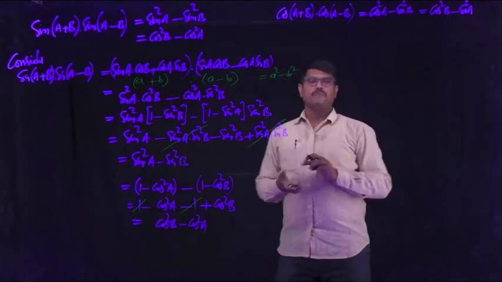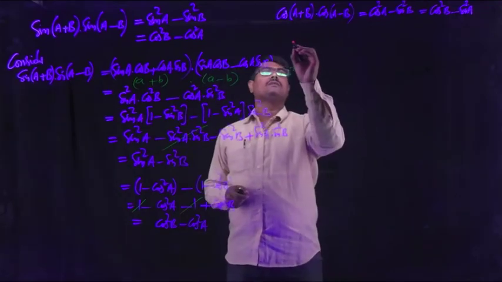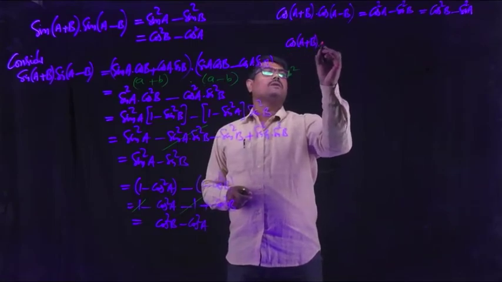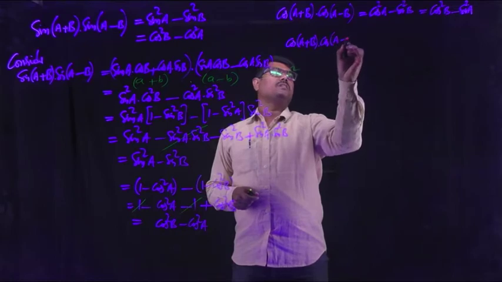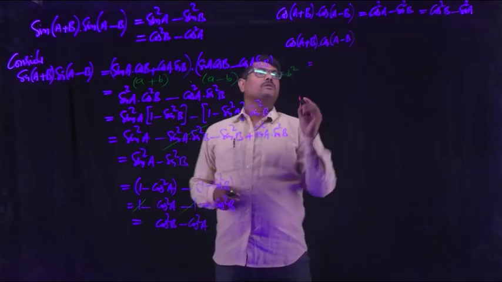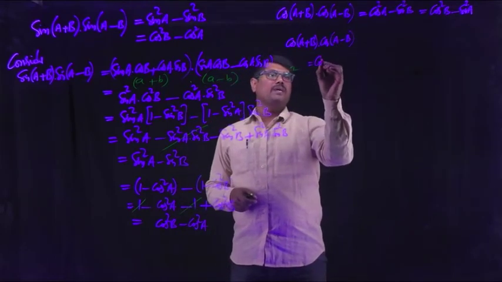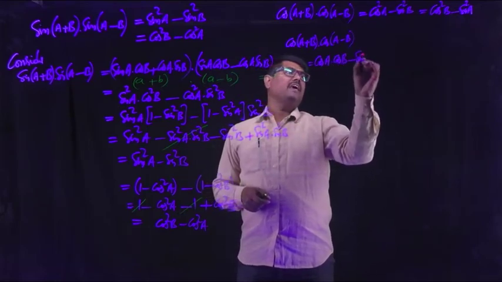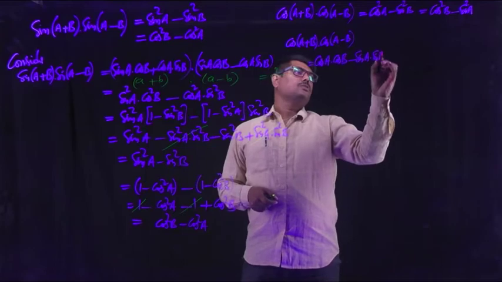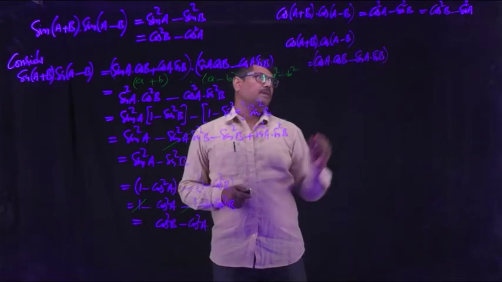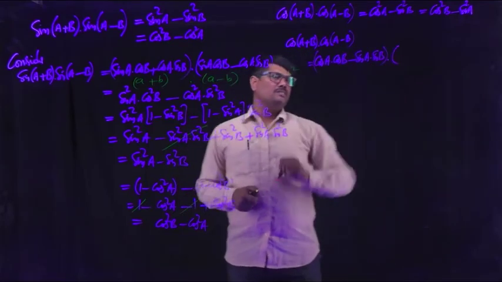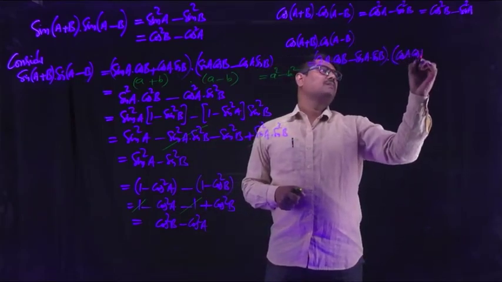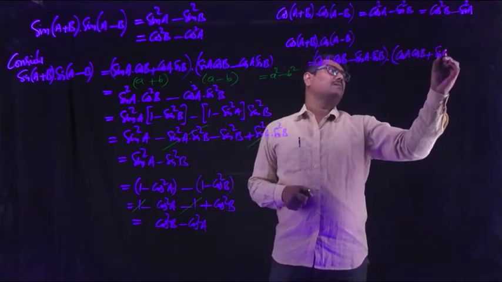Here also, let us consider cos a plus b into cos a minus b. We know the formula for cos a plus b is cos a cos b minus sin a sin b, and cos a minus b is cos a cos b plus sin a sin b.